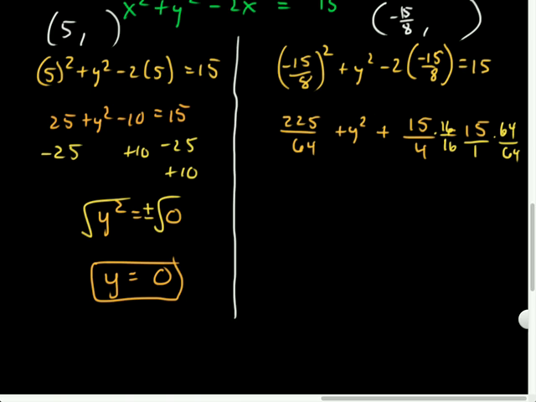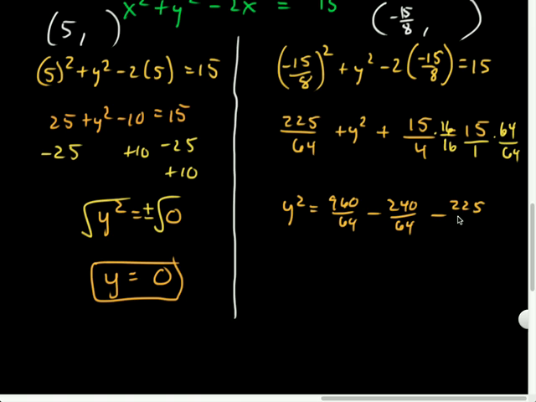So I will get y squared equals, 15 times 64 is 960 64ths. I'm subtracting 15 times 16, which is 240 64ths. And I'm subtracting 225 64ths.